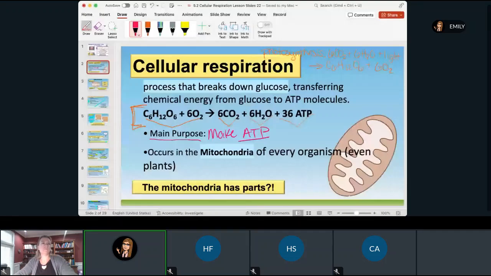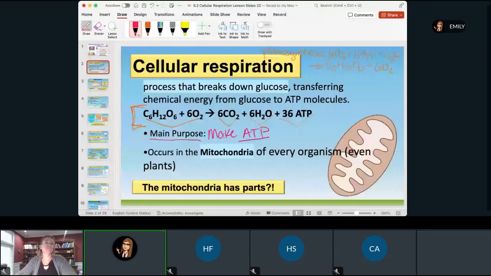Remember back when we first started talking about glucose and biomolecules in Unit 2, and we said that glucose is your paycheck and you have to cash it at the bank to get ATP. ATP is your cash: you can do things with ATP, but you can't do things with glucose. Well, this is the process of taking it to the bank.